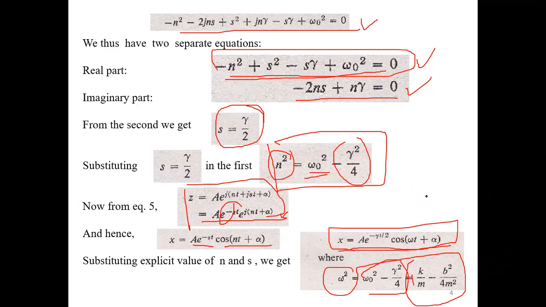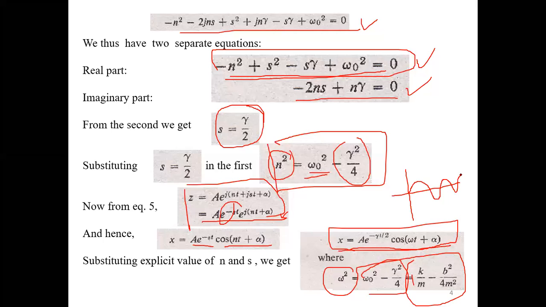And if you plot, if it is simple harmonic motion and a cosine function, it will be like this, so the amplitude will remain the same all the time. But in this case, it is a sinusoidal, repeating function, however the amplitude will decrease gradually.